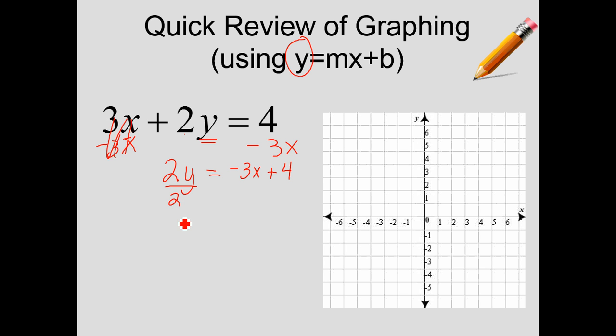So I'm going to now divide by 2 to get my y alone. Now that means you divide every piece by 2. So y equals, can you divide negative 3 by 2? You could if you wanted to write a decimal, but I would suggest you don't, because remember, this fraction is with the x. That represents our slope, and we like slope as a fraction.